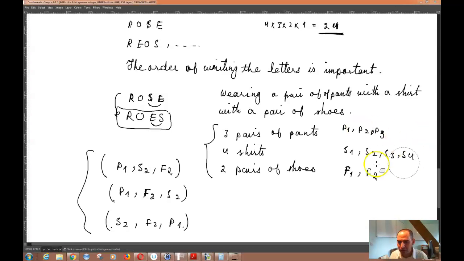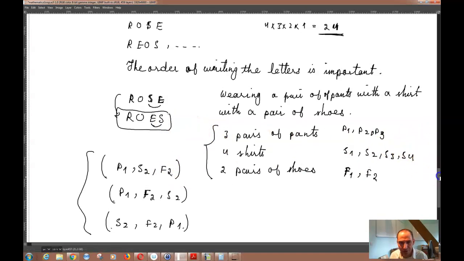But when it comes to the list of all the different words constructed from the 4 letters of the word ROSE, meaning that you take these 4 letters and build as many words as possible by moving them around, then of course ROSE and ROES are treated differently.